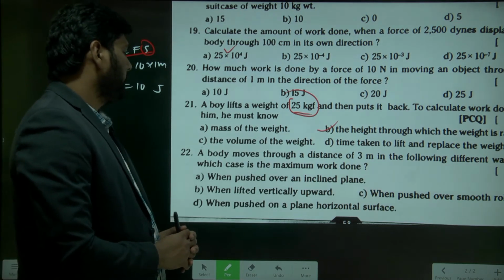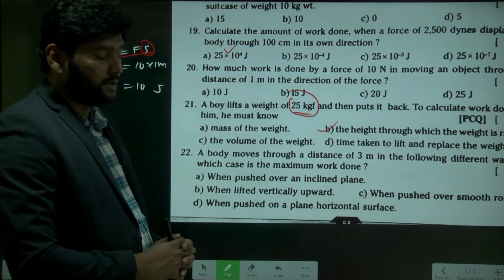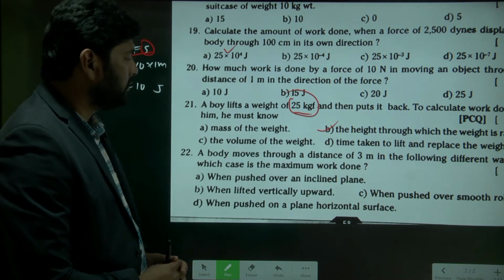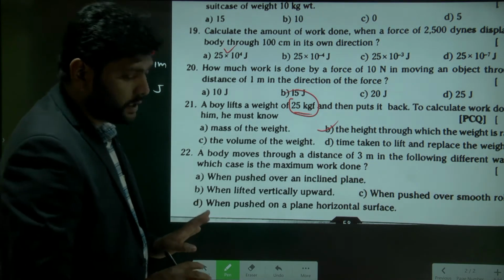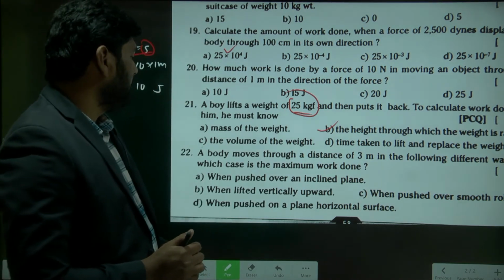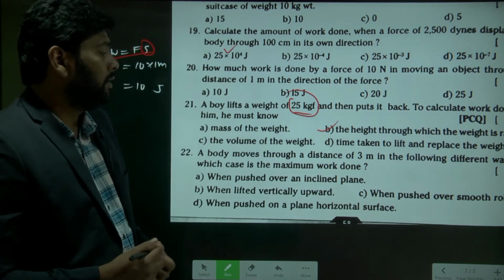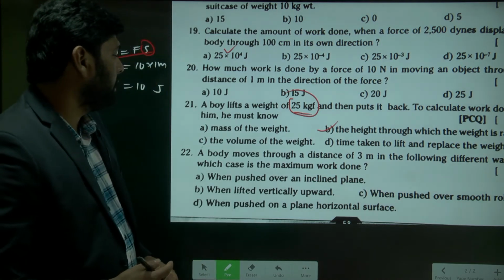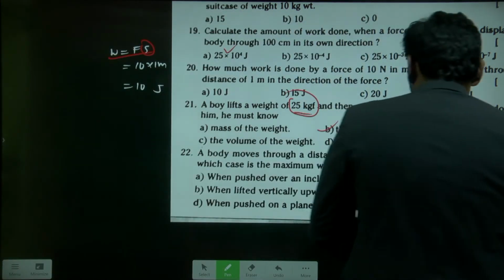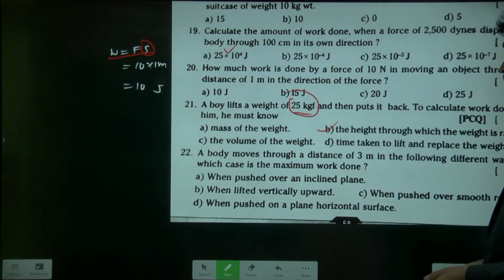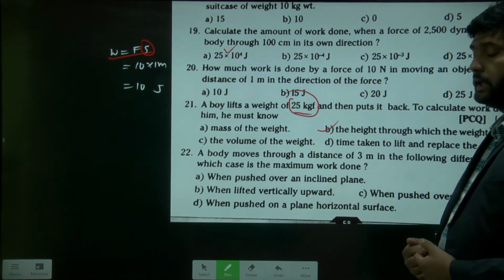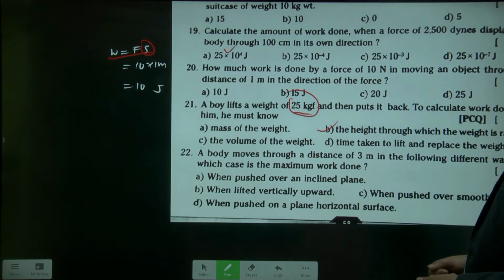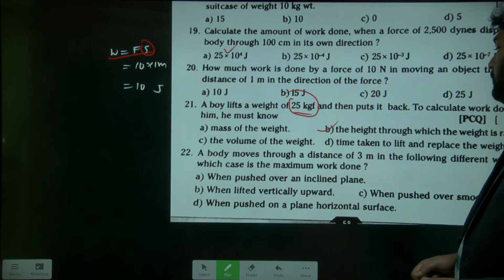Next one. A body moves through a distance of 3 meters in the following directions. In which case is the work done maximum? When you push over an inclined plane, when you lift vertically up, when you push over a smooth surface, when you push on a plane horizontally.